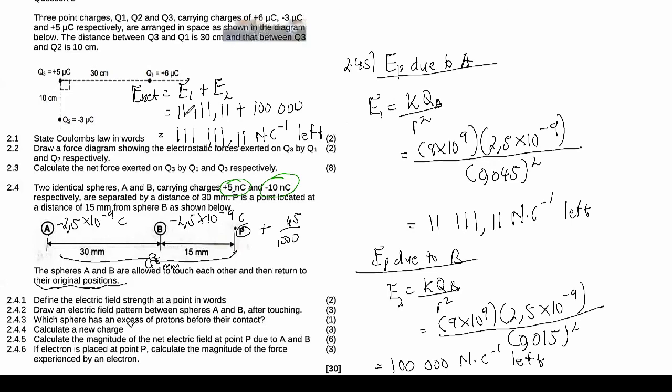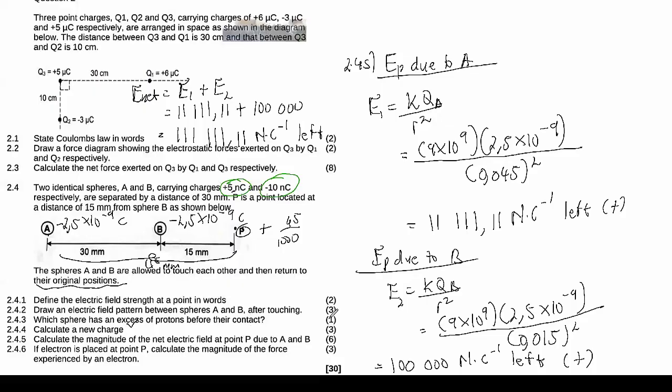So we can also indicate that by saying negative and negative, but then if we are taking left as the positive direction, then that is definitely correct. So let's just take left as the positive direction so that we do not have to indicate a negative there. And then that's 111,111.11 Newton per Coulomb to the left, right?